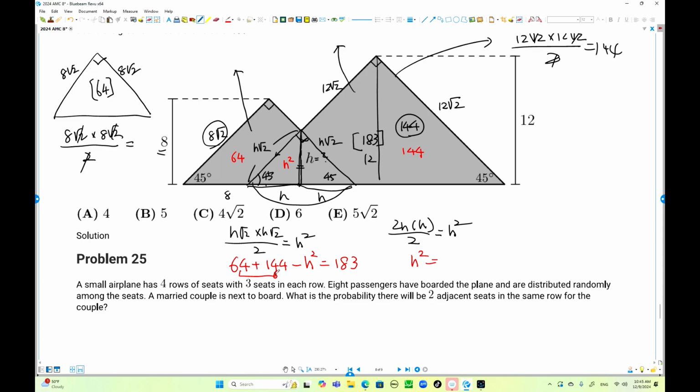Total of this one, 64 over here, 208 minus 183. 208, 183, equals 25. That's right. So H is 5, okay? So 5 is the answer, okay?